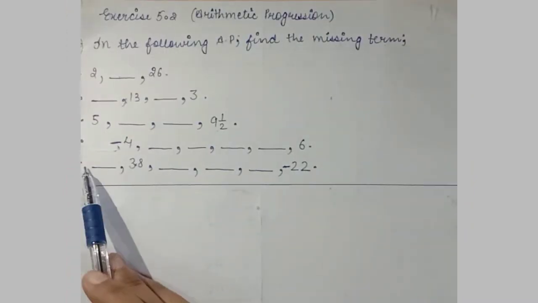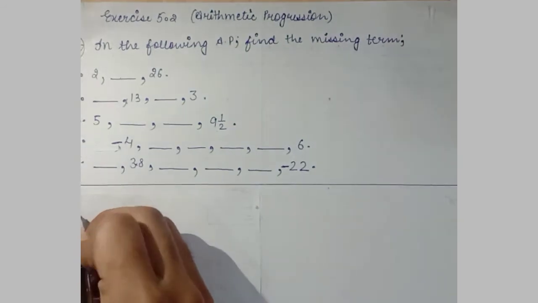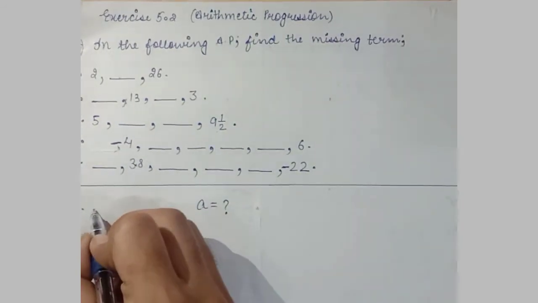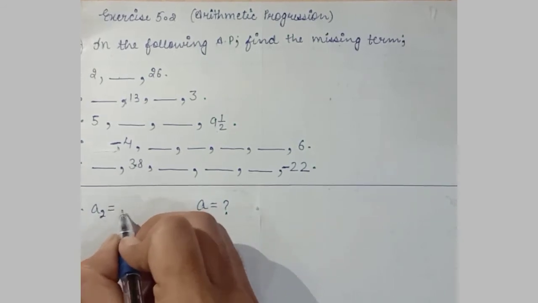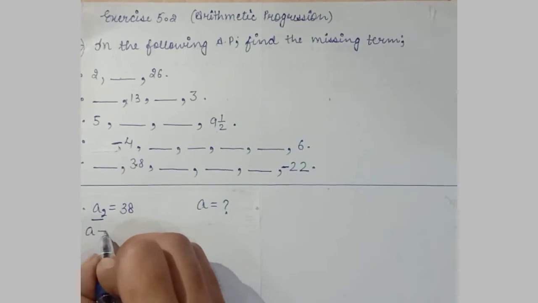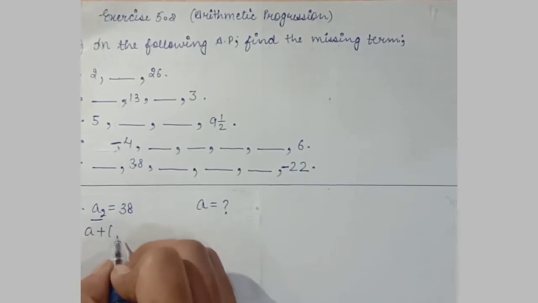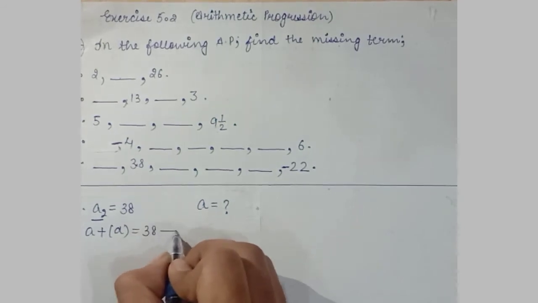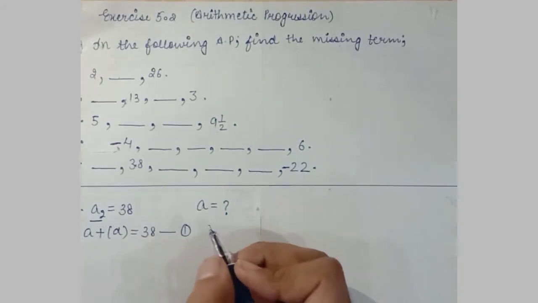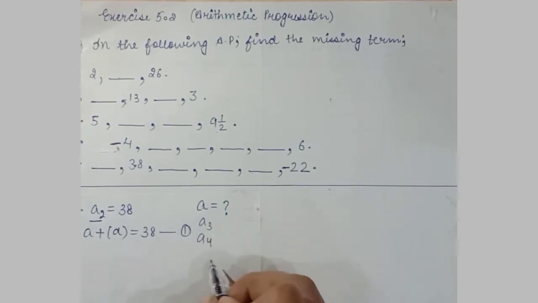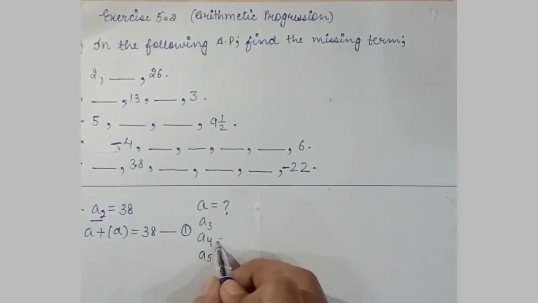In the fifth question, we have to find the first term, that is a. We are given the second term 38, or we can write the second term as a plus 2 minus 1, that is 1, and d. A plus d is 38. Let it be equation number 1. We have to find the third term, fourth term and fifth term.